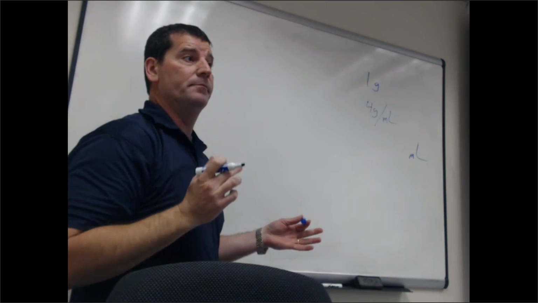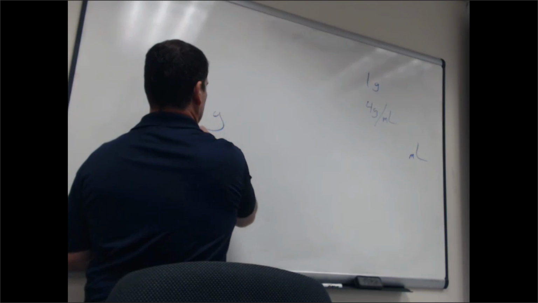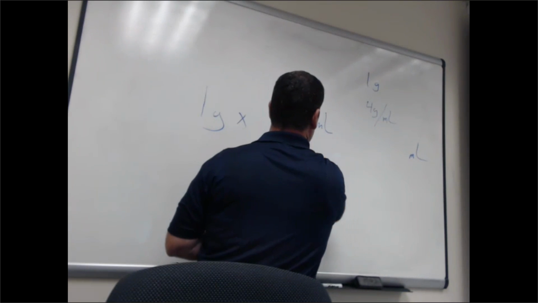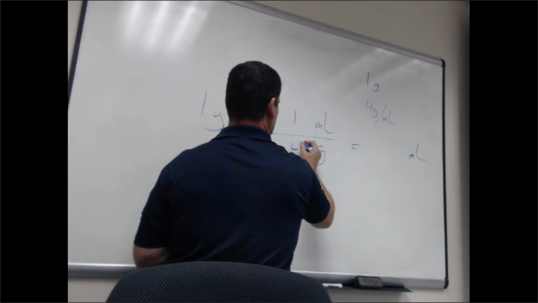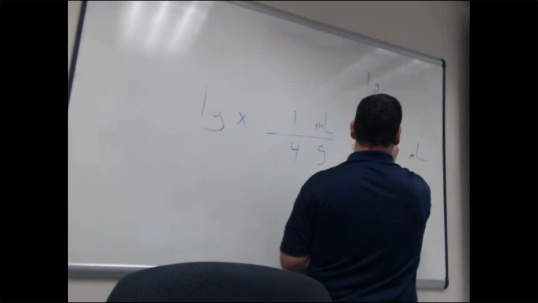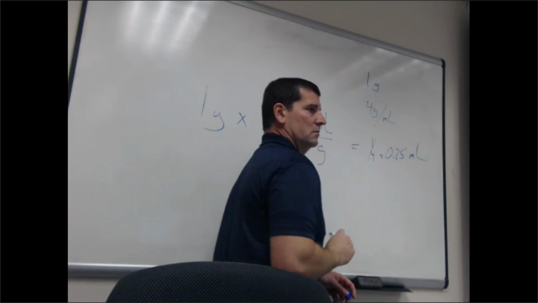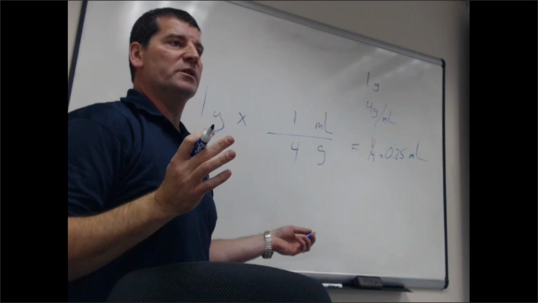How do I set the formula up? 1 times, then you have milliliter over gram. Do 1 over 4 equals a quarter. Pretty easy, right?